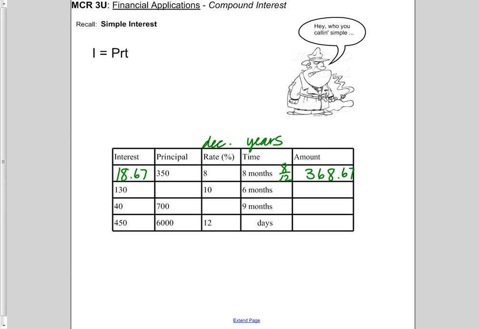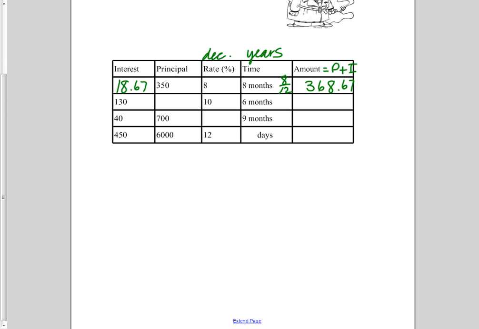So for the amount, you have principal plus your interest. If we had $130 interest and we wanted to know what the principal was in order to earn that interest, our only formula for simple interest is that one. So if I have $130 and I want to know the principal, 10%, 6 months in years would be 6/12.